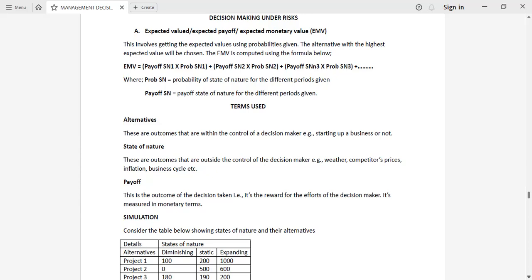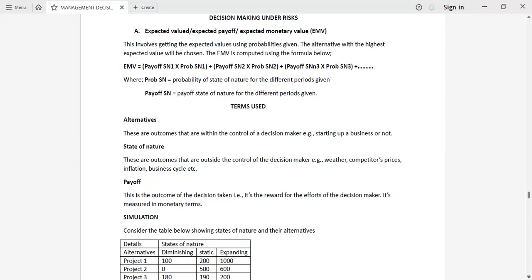So we've seen one method that we can use to make decisions under risk, that is the expected value. We said we take the alternative that has the highest expected value. So when we compute the expected values, we select the alternative that has the highest.